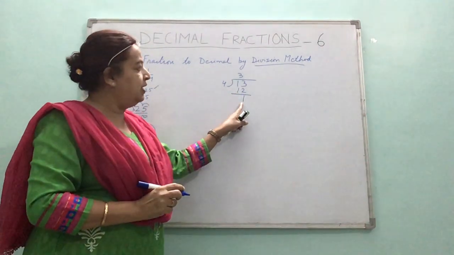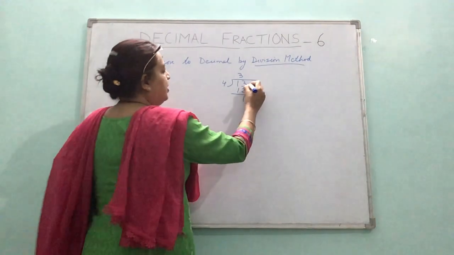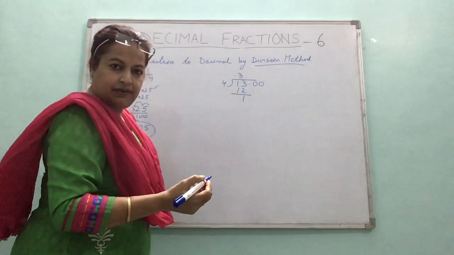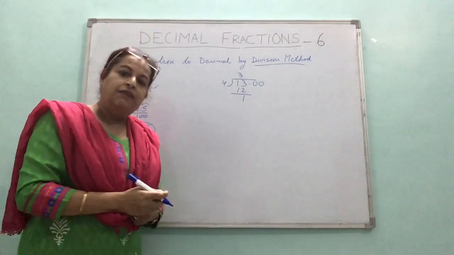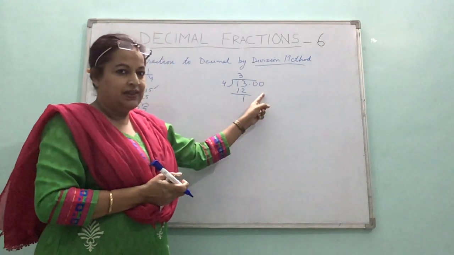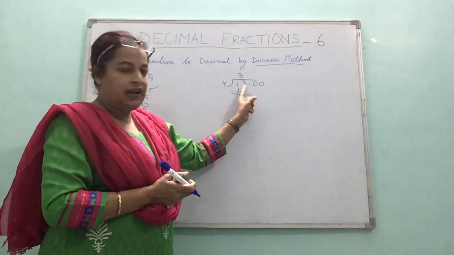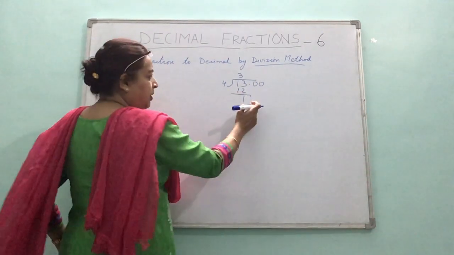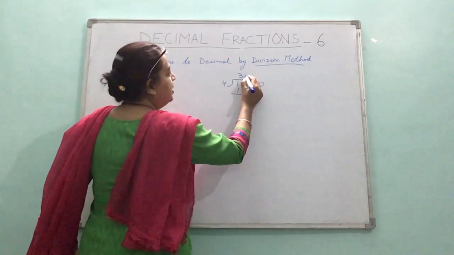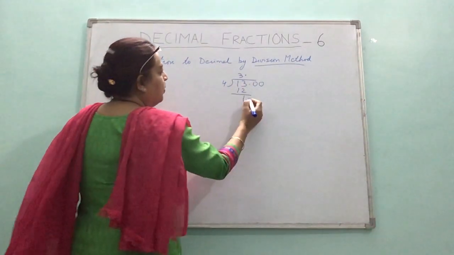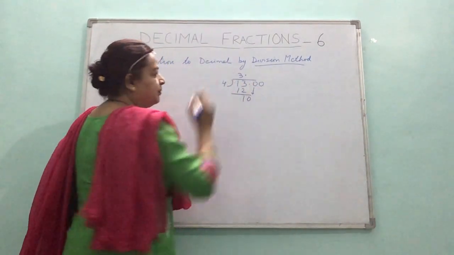If the remainder is not a 0, then we put a decimal and we can put some zeros after that. You know that after decimal we can put as many zeros as we like, it does not make any difference. So once I put a decimal in the dividend, I have to put a decimal in the quotient also, and then I copy down a 0 from there.